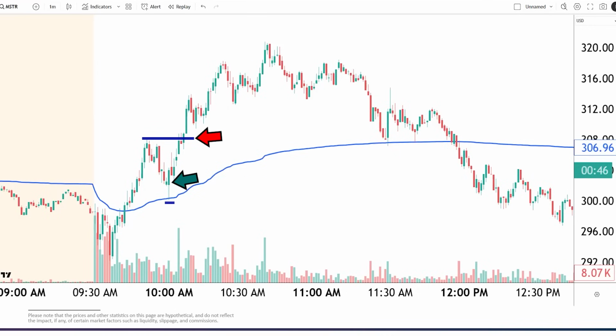You're going to sell half right at that area, and then you're going to trail the remainder using a measured move of that initial move. So that first drive up, you're going to take a measured move of it and add it to where the entry was, and look for that exceptional measured move on that second leg.